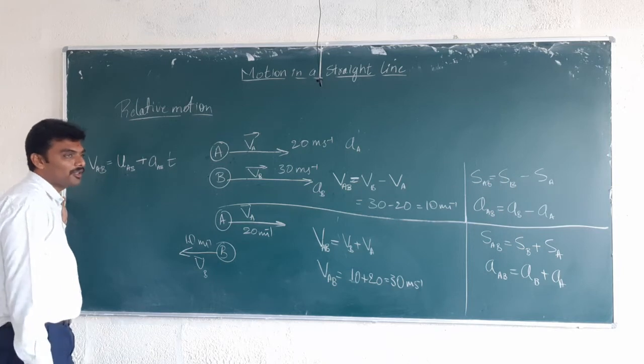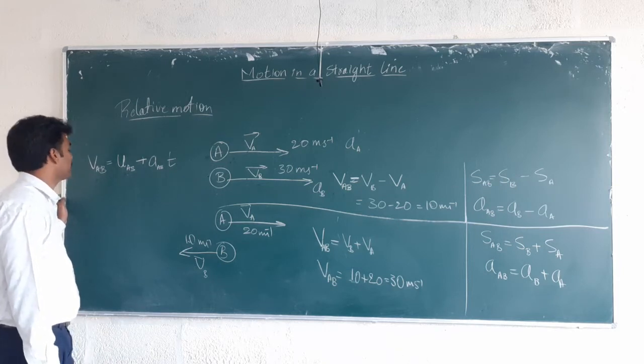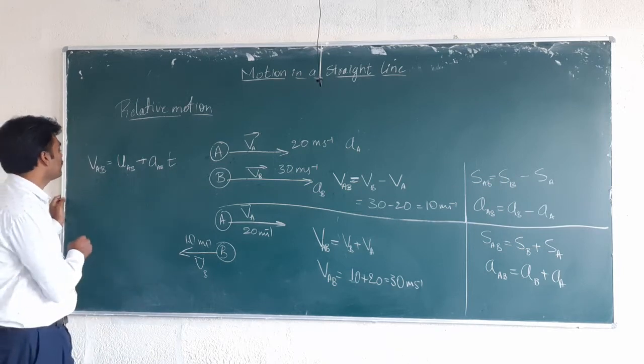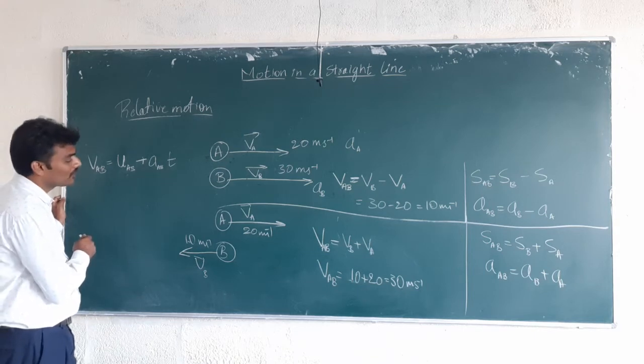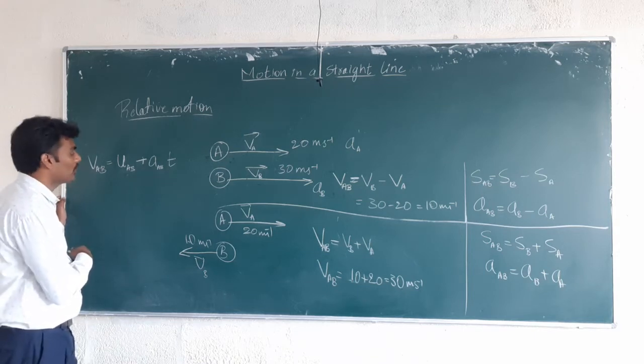Body A and body B will take the same time. So this is the equation of motion for relative velocity.